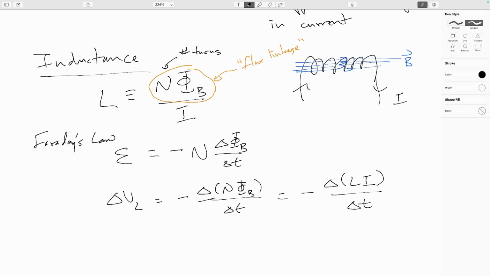Now, the inductance is going to be dependent only on the details of how this is built, because it's the flux linkage per unit current. Everything else, so what goes into the flux linkage? Well, the number of turns, that's never going to change in our device. The magnetic flux will always be directly proportional to the current, because no matter what kind of shape this is, that's how the equations for magnetic field strength always work out.